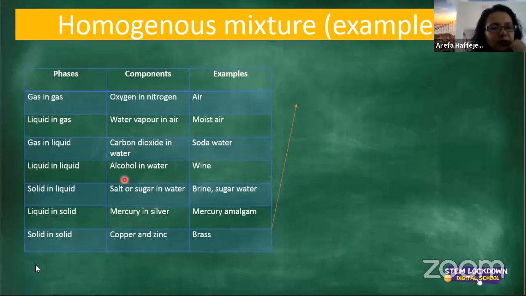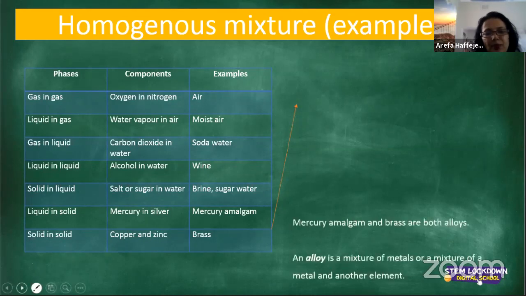Liquid in liquid, so we have alcohol in water, which makes wine. Solid in liquid, which is salt and sugar in water, which is brine and sugar water. Liquid in a solid, it is mercury in silver, and it is mercury amalgam. And we have solid in solid, where the components are copper and zinc, which makes up brass.